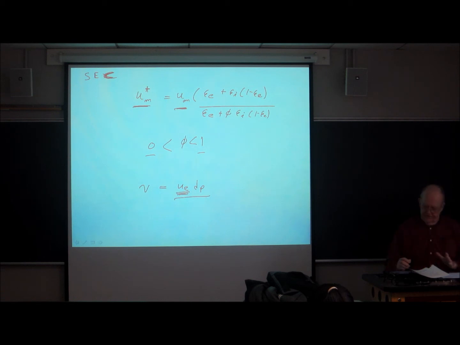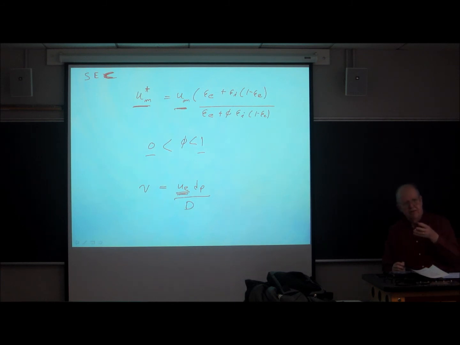We will only base V, the reduced velocity, on the interstitial velocity. We'll multiply by the diameter of the particle unless we're using an open tube, in which case we'll use the radius of the open tube. And then we divide it by the diffusion coefficient of the solute molecule that we're talking about in the fluid outside the particles.